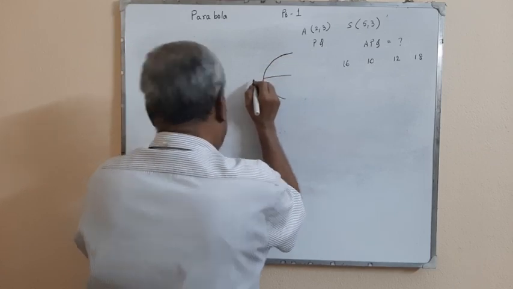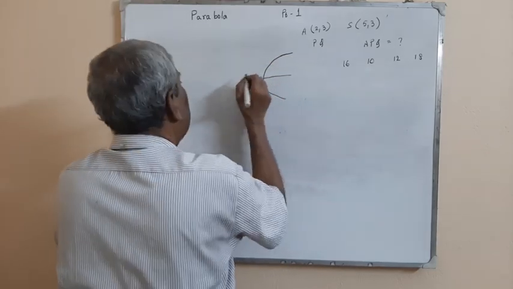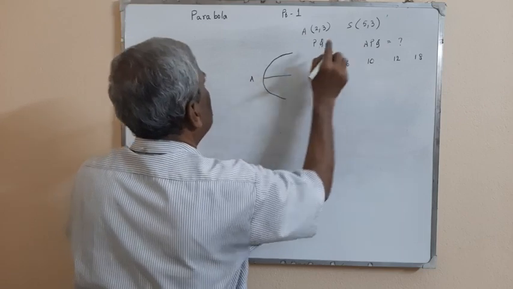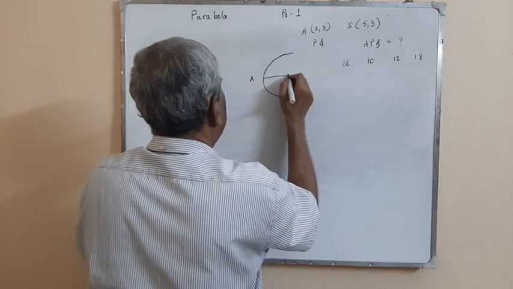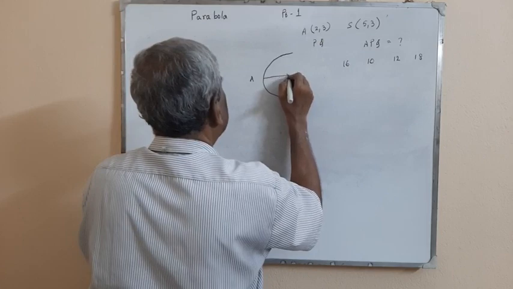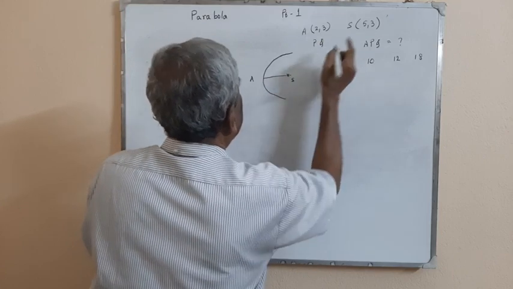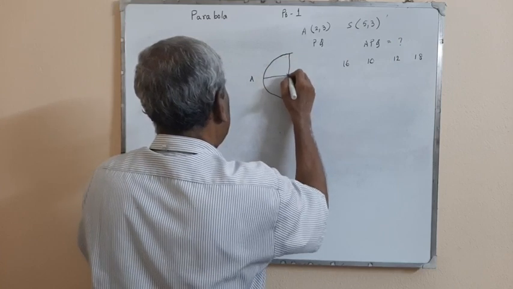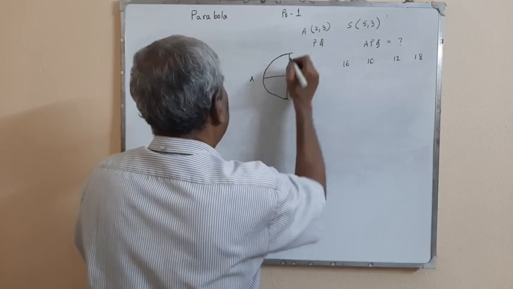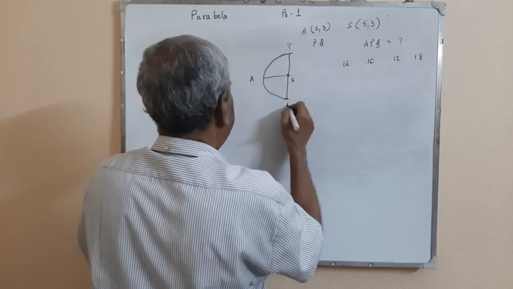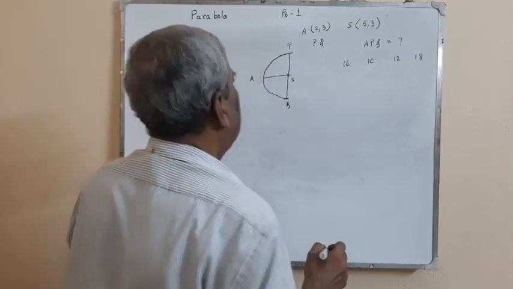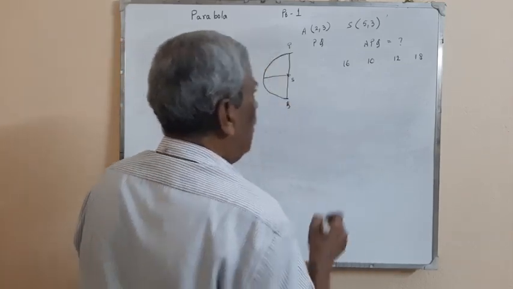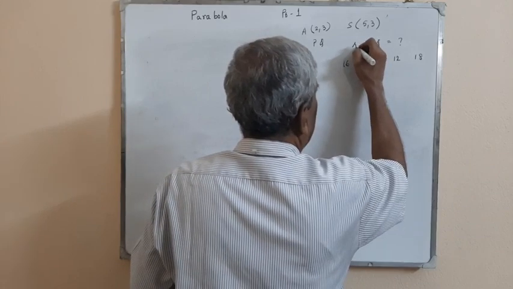This is vertex A and its coordinate is (2, 3). This is focus S, it is (5, 3) and this is length of latus rectum, it is PQ. We have to find the area of the triangle APQ.